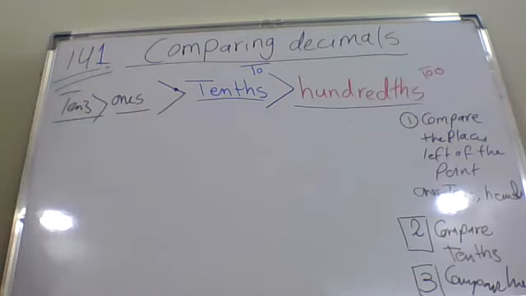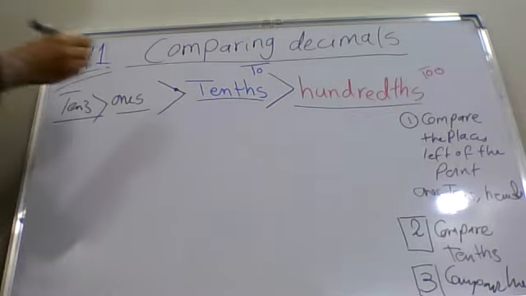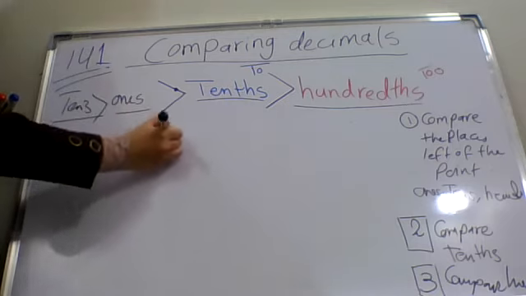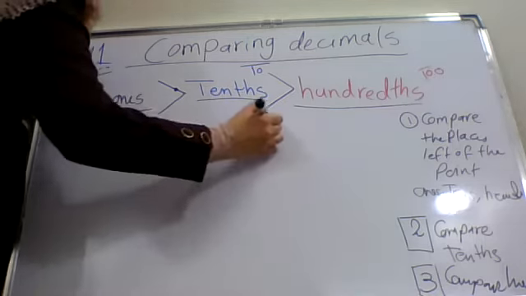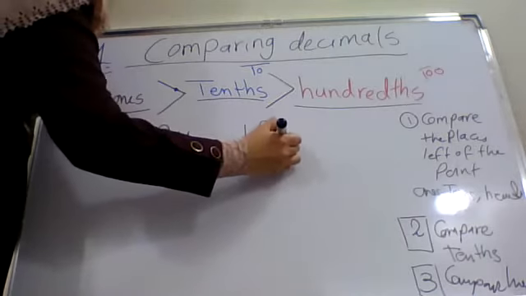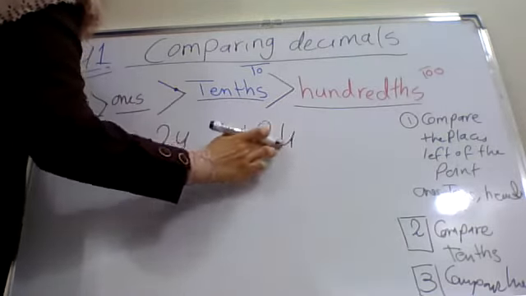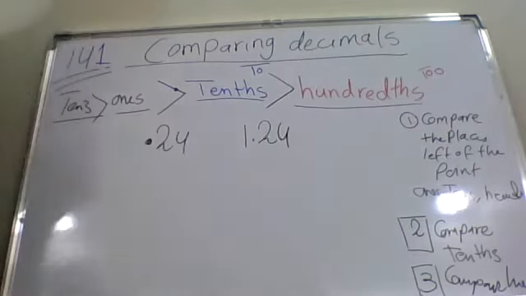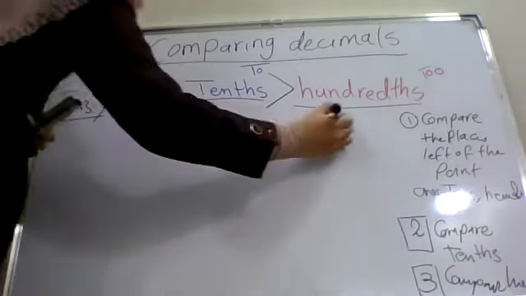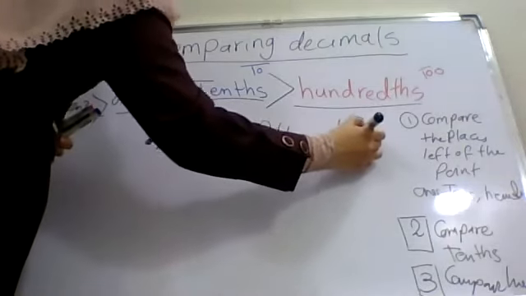Okay, I will write down these ones, and each time we are ordering, we are comparing. Okay, so I have 0.24, and I have 1. Oh, sorry, 1.24, and I have 1.2.